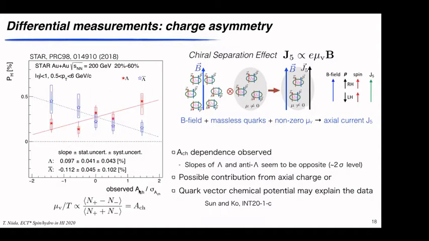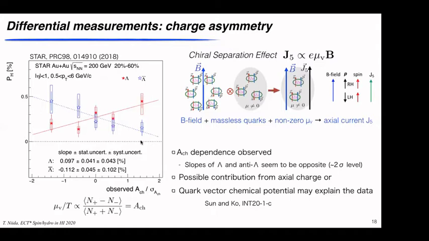And the left plot shows the polarization as a function of charge asymmetry. Here, the charge asymmetry is basically the number of charged particles, I mean, the positive particles minus negative particles divided by the sum of them, assuming that this asymmetry is proportional to the vector chemical potential. And here, the red data point is for lambda and blue is for anti-lambda.